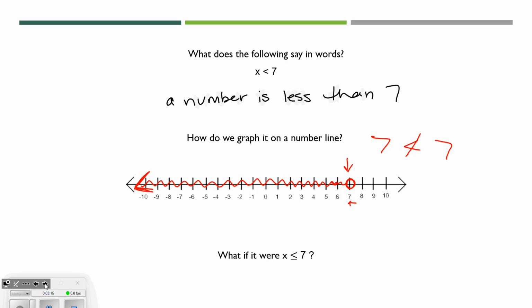On the other hand, if it said x is less than or equal to 7, then 7 would be less than or equal to 7. That is true. And so I would want this 7 to be shaded. So we fill in that circle. We call that a closed circle, because again, anything that's a solution, I want it to be shaded. So the 7 itself, the point should be closed. The point should be shaded.